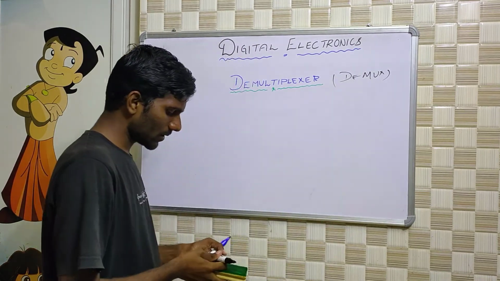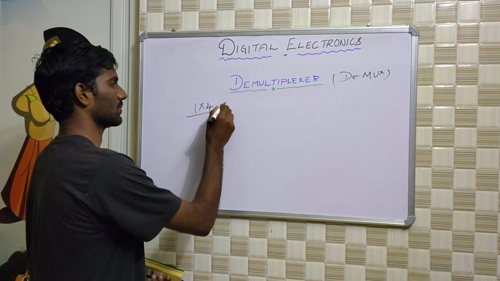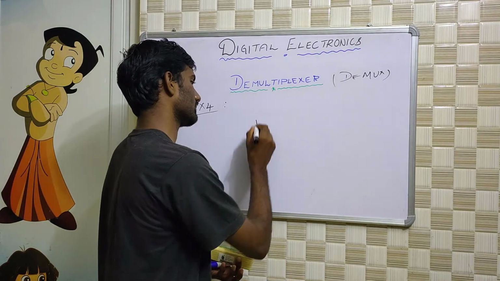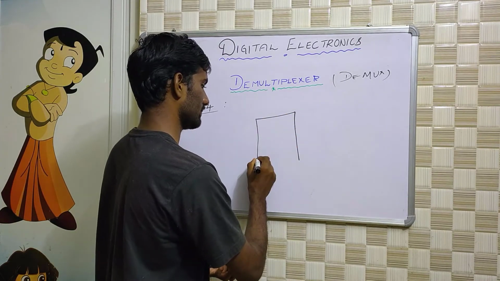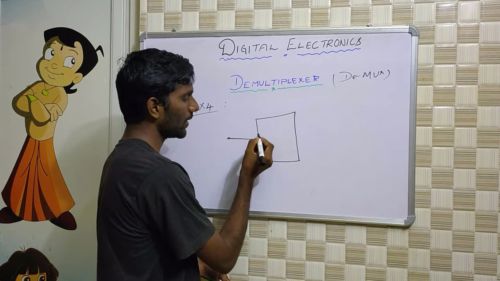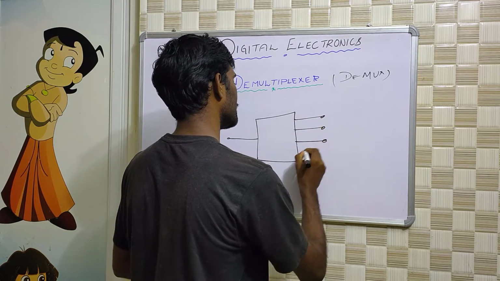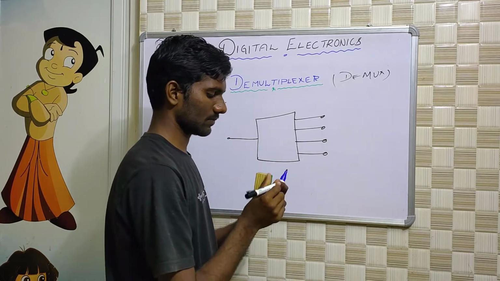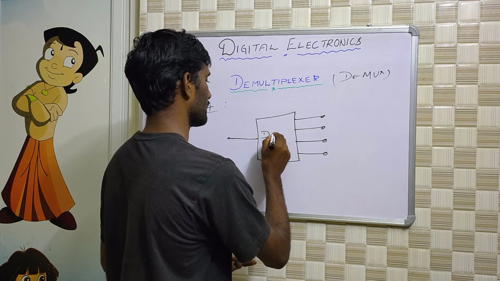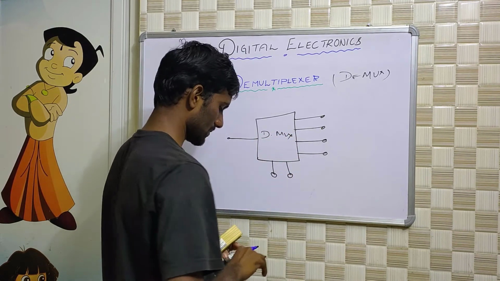So the 1 by 4 demultiplexer. In a 1 by 4 demultiplexer, we have only one input line, 4 output lines, and 2 selector lines.